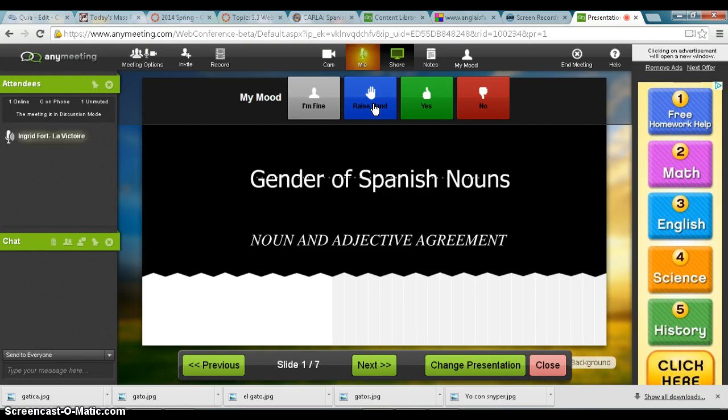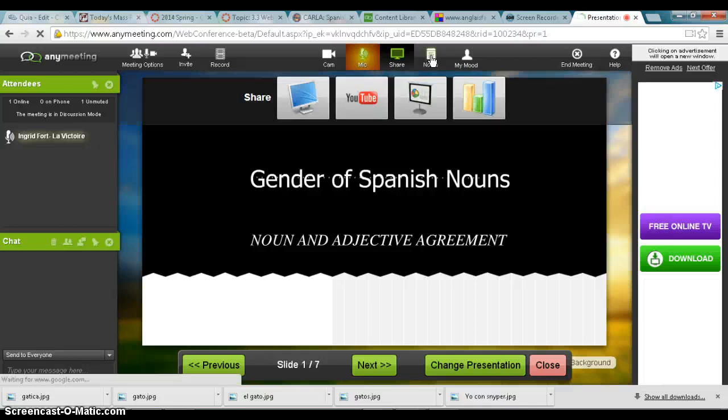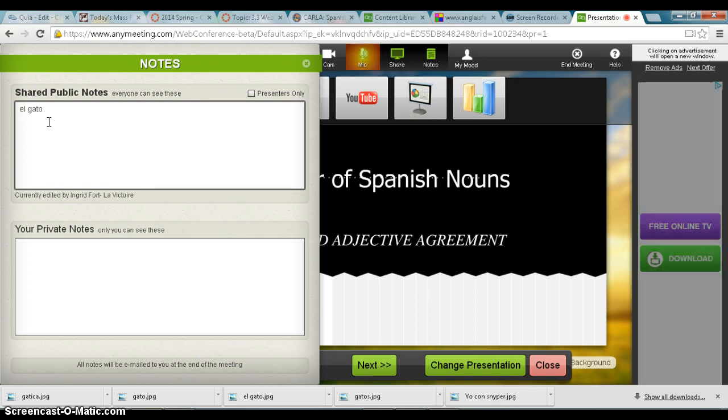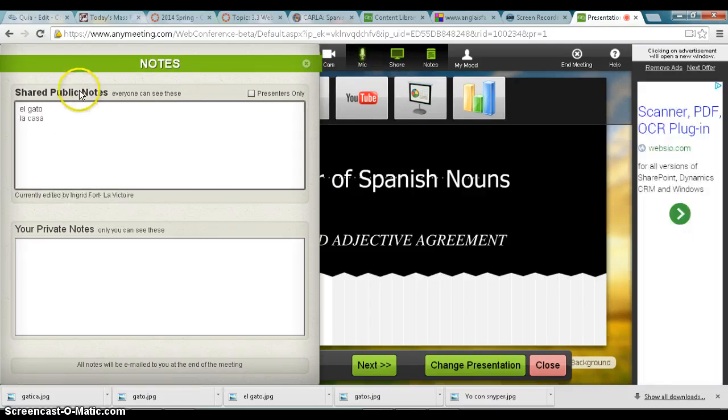If you don't want to speak using the microphone, then I can open the notes pad here, and here you can write any questions or examples. For instance, so feel free to do that.